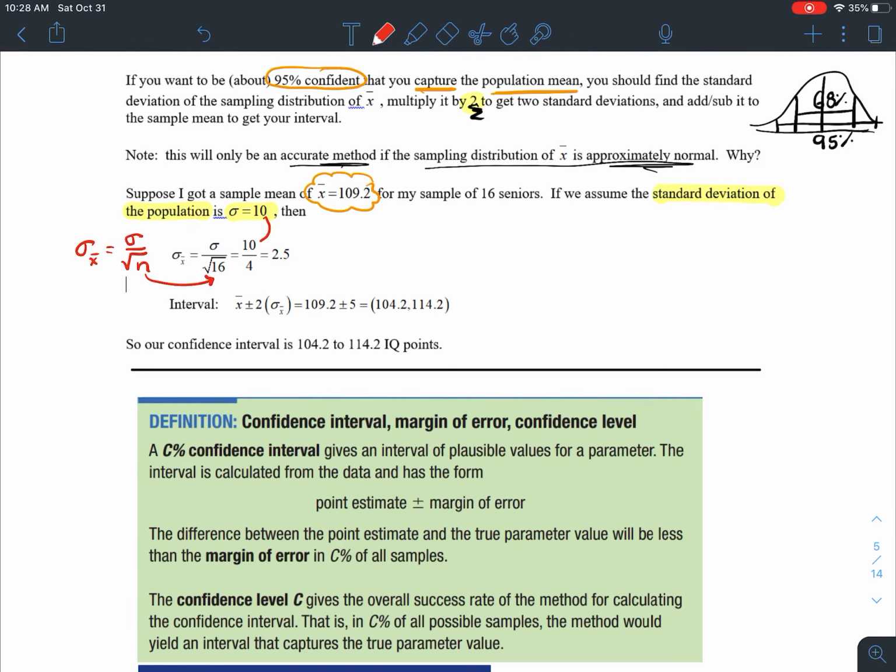And we were just given in this problem, for the discussion of this example, that the population standard deviation of Dover High School seniors would be 10 for their IQ. So the standard deviation for X bar, my sampling distribution, is going to come out to be 2.5.